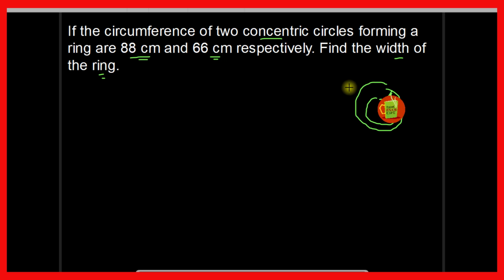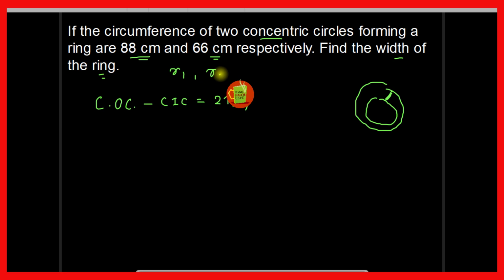So what we will do, the circumference of outer circle minus circumference of inner circle, that is equal to 2 pi r1, if r1 is the radius of the outer circle and r2 is the radius of the inner circle, then it will be 2 pi r1 minus 2 pi r2.